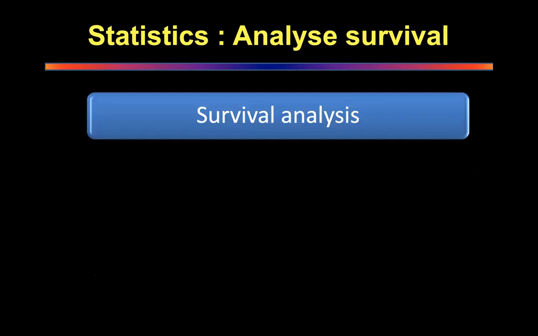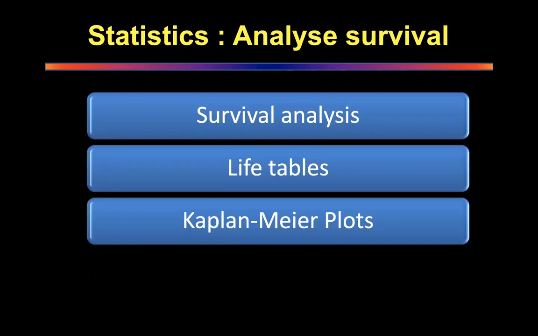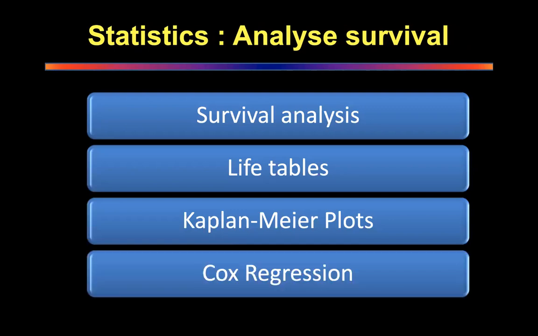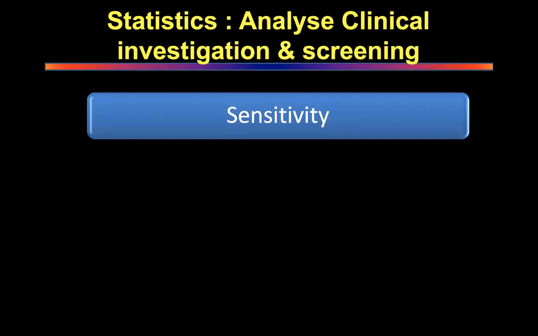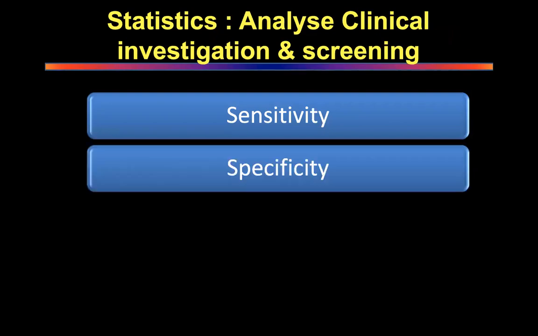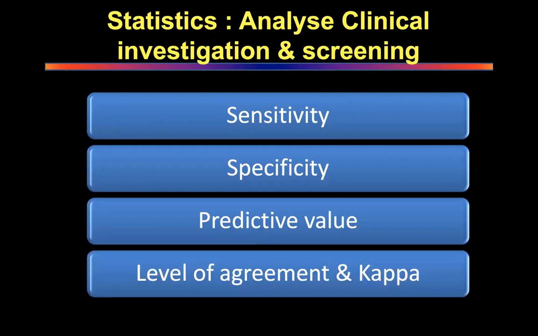You do survival analysis, you do life tables, you do Kaplan-Meier plots, and you do Cox regression. Okay. How do you analyze clinical investigations and screening? You look for sensitivity, specificity, predictive value, and level of agreement and kappa. Okay, so far so good.